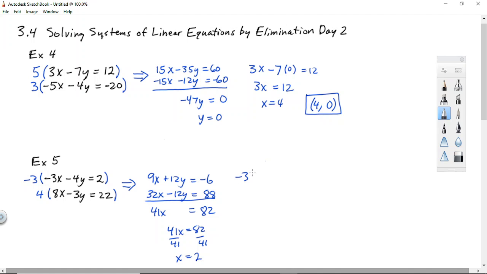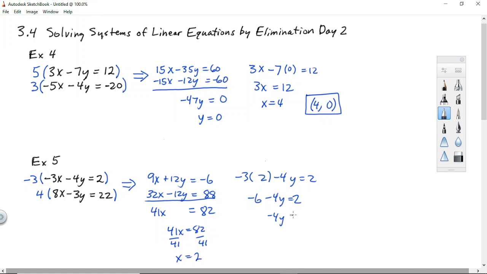So we got negative 3. We're going to plug that in for x. Minus 4 times y equals 2. And we're plugging in x of 2, of course. So now we can solve for y. Get negative 6 minus 4y equals 2. Add 6 to both sides.